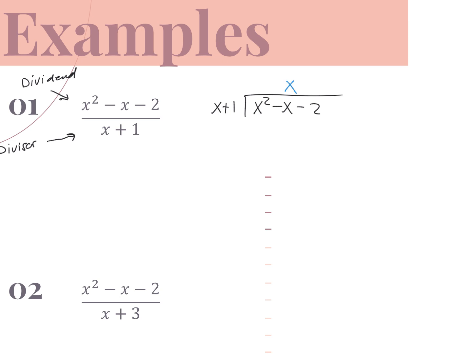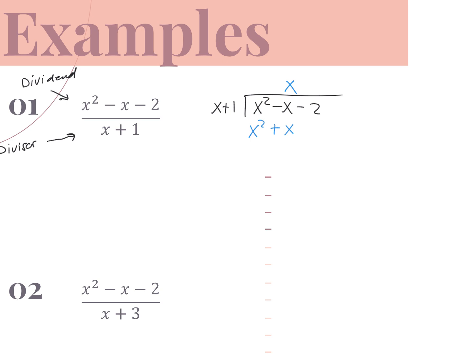If you're wondering how I got x, think about it like this. If I do x times x plus 1, that gets you x squared plus x, and that's what I just wrote in blue. So it's x, this number up here, times this divisor, and that gets you this right here.